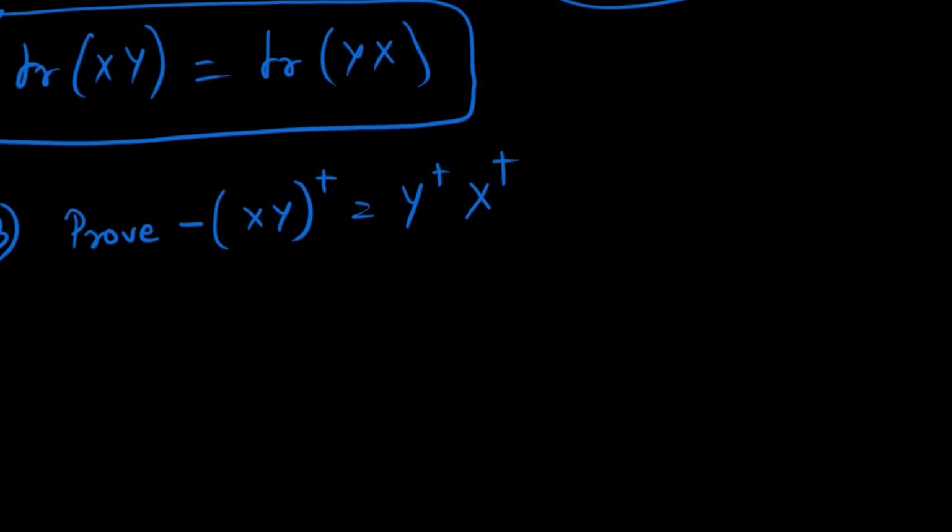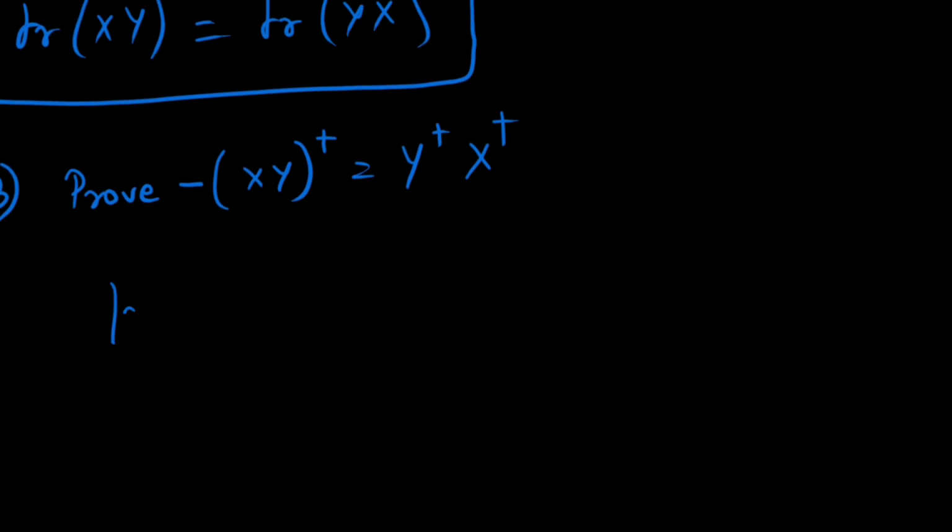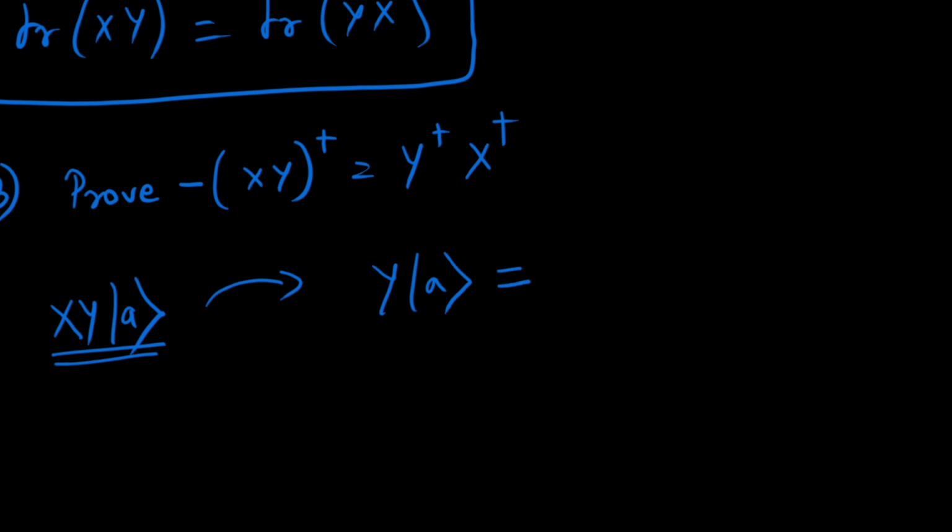So suppose there is some state, say A, and we have x, y acting over it. Think of it like this: y acts on the state A and gives us some other state B, which x will further act on.